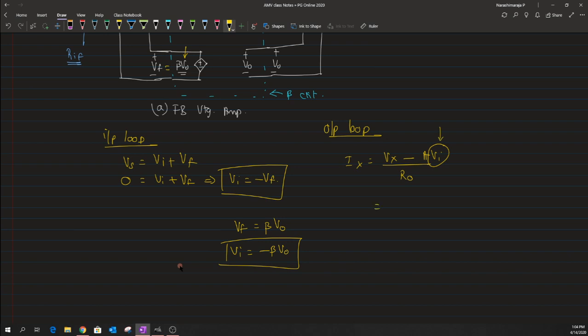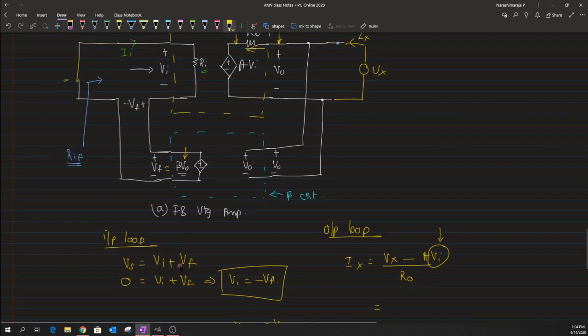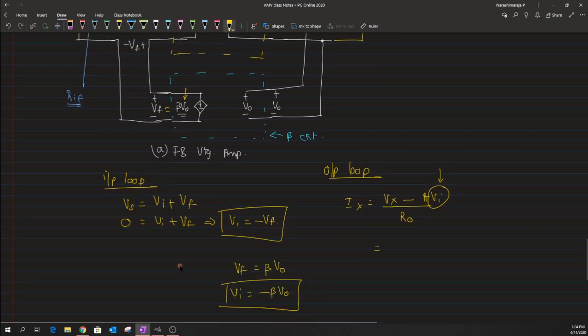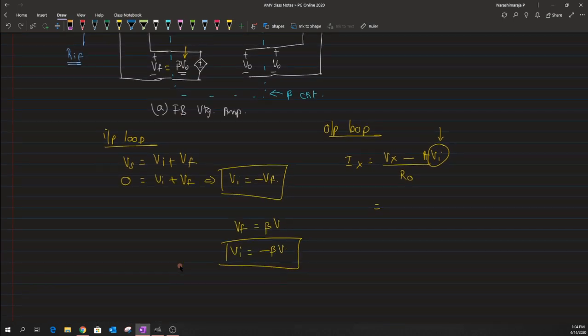And V naught is currently equal to Vx, so I can replace them with Vx itself rather than writing it as V naught. Okay. So based on this, when I try to plug in all these quantities, I will have Vx into 1 plus A times that of beta divided by R naught, and that gives us the value of Ix. So the feedback impedance ROF is defined as Vx by Ix, and due to which it becomes R naught divided by 1 plus A beta.